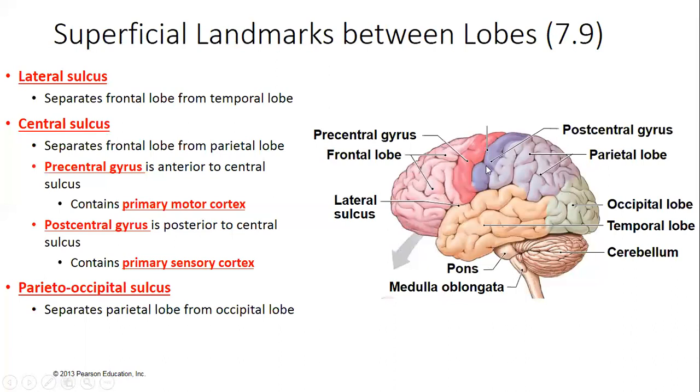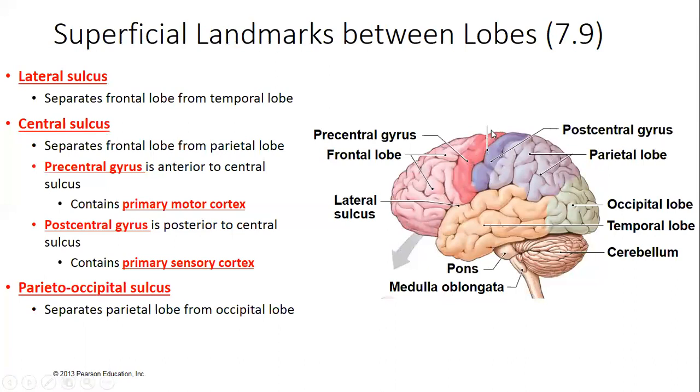The post-central gyrus, you can see here, is basically where the primary sensory cortex is located. So when sensory neurons are sending information to the brain, that action potential information gets sent all the way to the post-central gyrus, where the primary sensory cortex is located. So sensory information is being sent to that area of the brain to be integrated.